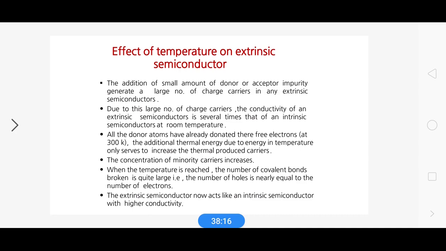Now the extrinsic semiconductor acts like an intrinsic semiconductor with higher conductivity.